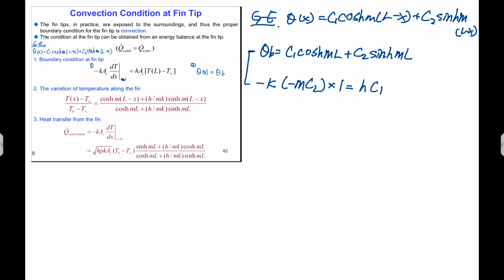We are not directly finding out what C1 or C2 equals. Let's take a relationship of the proportion. If we divide C2 by C1, then we know the relationship will involve the convection, the M and the K. Okay, so we took this from here.